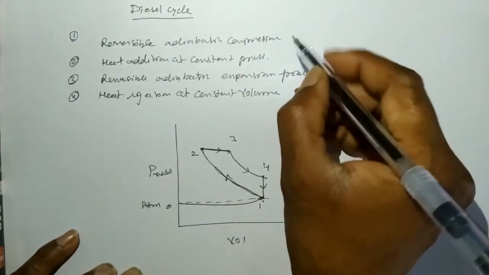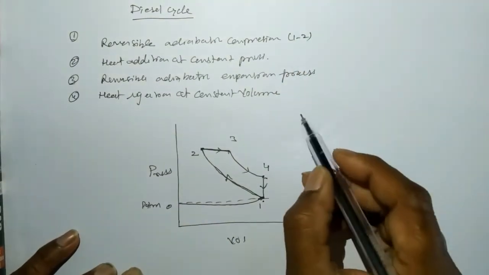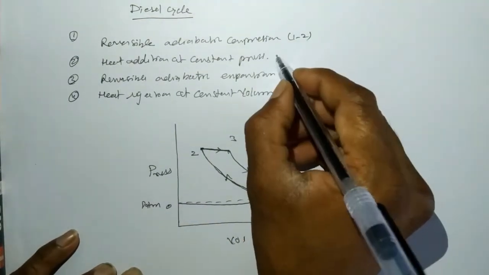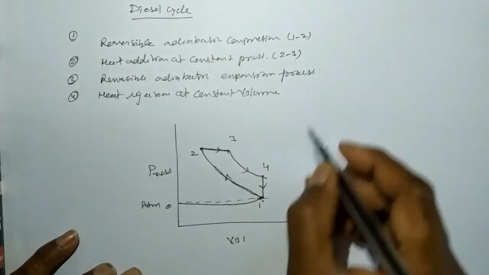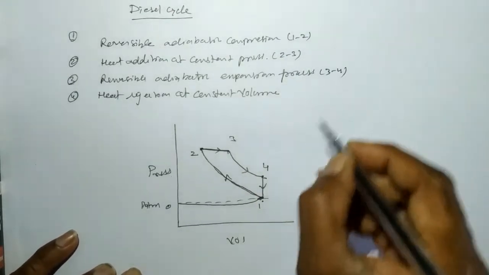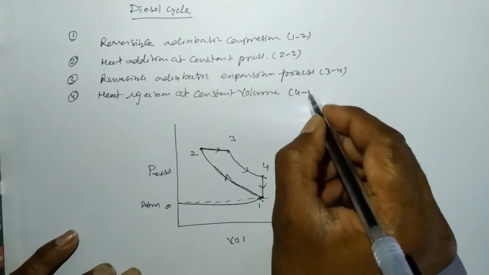We can write here, this is the 1 to 2, this is 2 to 3, this is 3 to 4, and this one is 4 to 1 process.